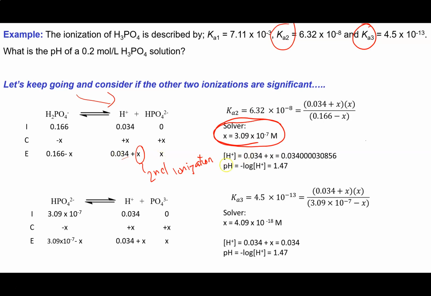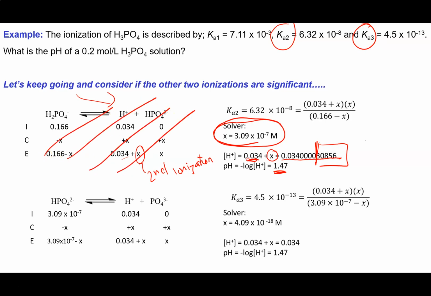So I take my amount of acid made after my first step, add what was made in the second step, and it's hardly any, right? This is the stuff that was added in the second step. And when I take the pH of it, without rounding off at all, I got exactly the same number to 3 sig figs that I got the first time when I neglected this. So I could definitely neglect that.